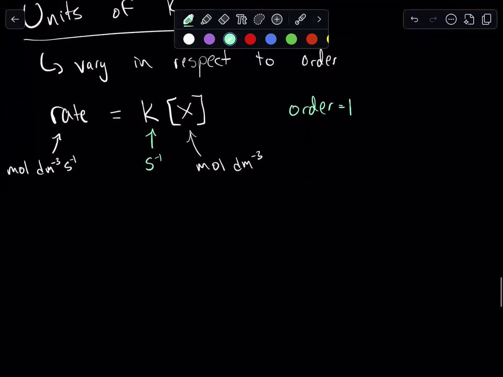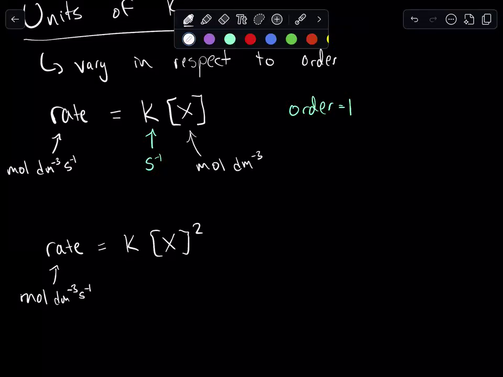However, if we move on to something that's order of 2, if we have rate is equal to k[X] squared, we still know that rate is going to be mol dm^-3 s^-1. But now our concentration of reactant X is squared.